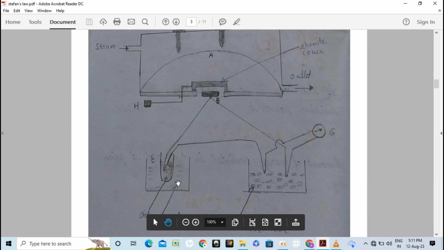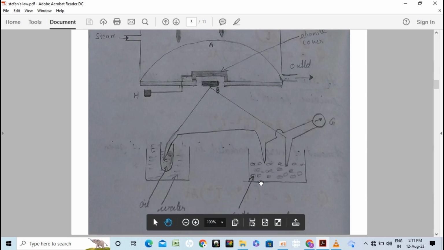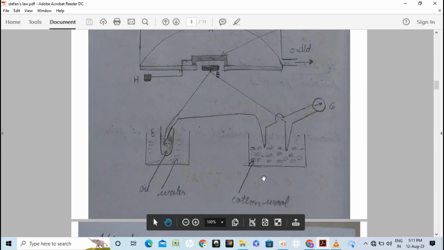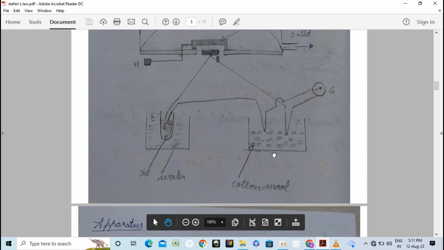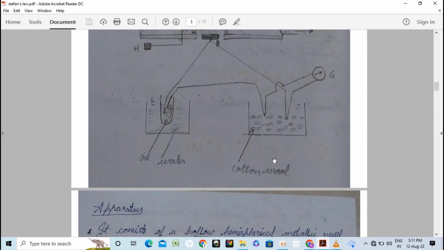This setup is provided so that there is no sudden temperature change, and the other junction is soldered to this silver disc B. Then a galvanometer is connected across the junctions of this thermocouple to measure the potential difference, and the leads to the galvanometer are immersed in a bath containing cotton wool. So this is the experimental arrangement.